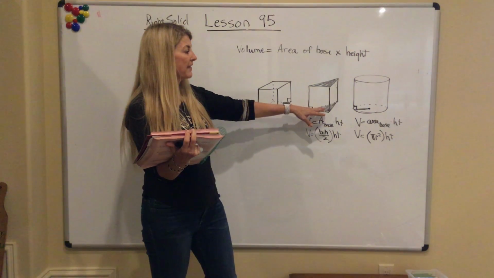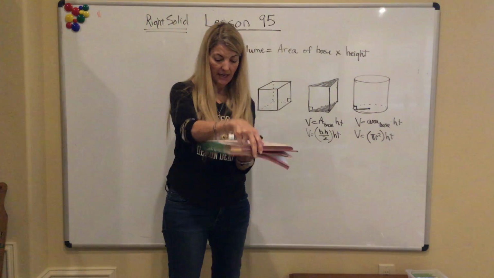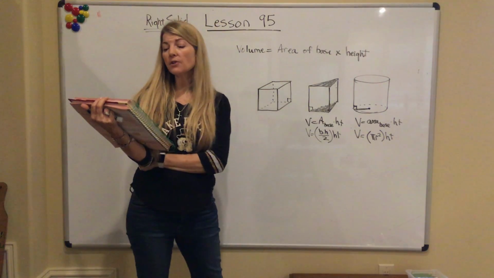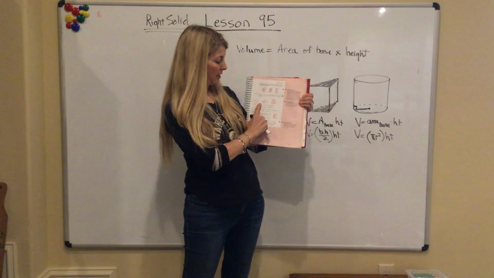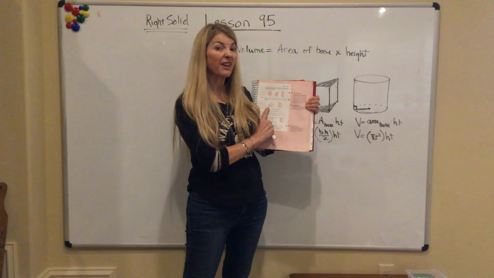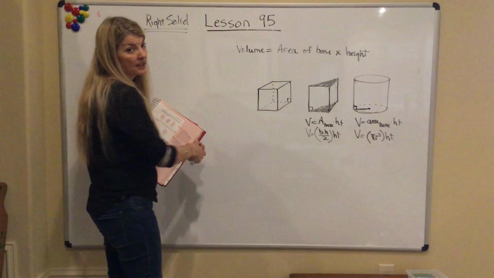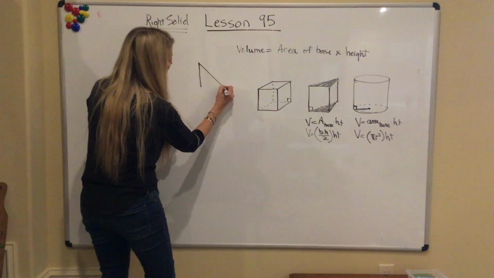If that shape runs all the way through, we call it a prism. So this right here would be a triangular prism. If you look in the first example at the drawing, that's the first one on the left, this is what this figure looks like. You've got a triangle right here.